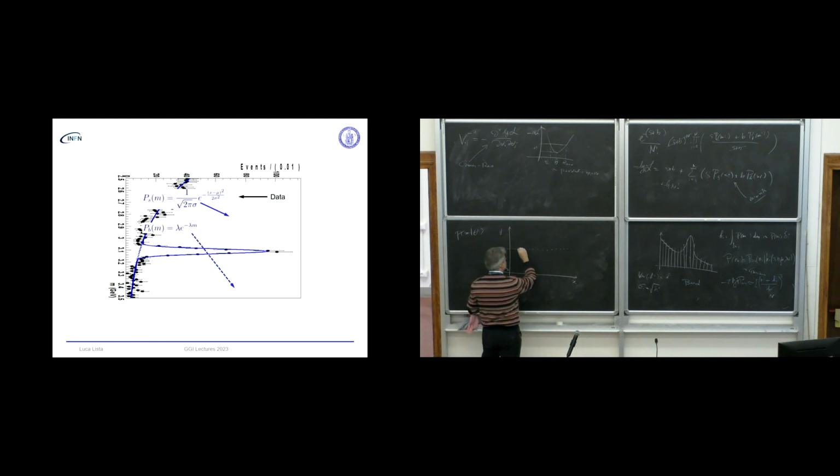Okay, so I have something like this. Now, what is my point estimate? My point estimate is the value which maximizes here. So I can say that here is the most likely value. And then I have to decide how to quote an interval at 68% probability. Okay, so this is 68%.